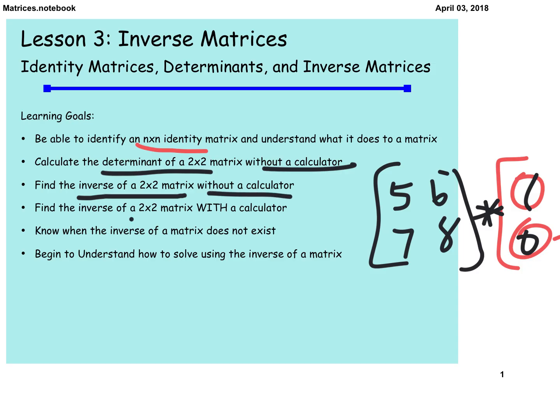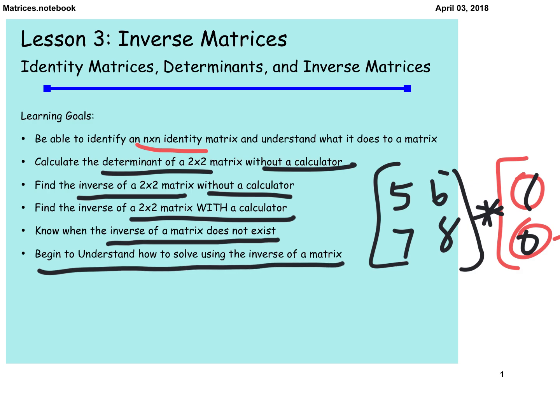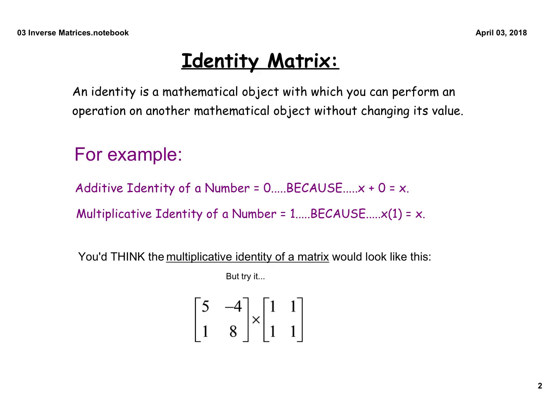And then we're going to do one with a calculator. And then I'm going to tell you when you can't even get an inverse. All right. By the end of the hour, we're going to be learning about solving an equation using the inverse. This is an intense one.